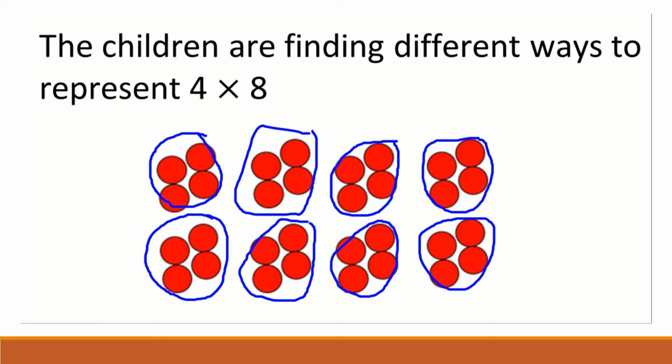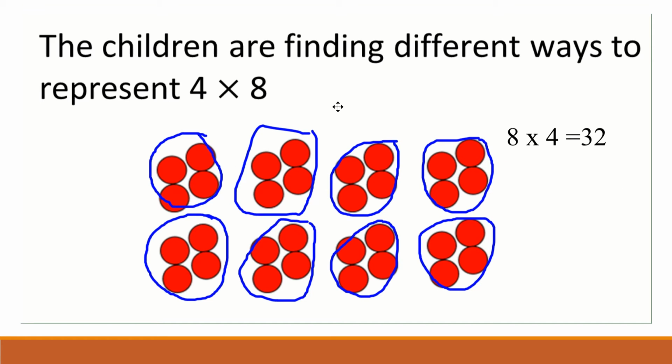So we have 8 groups with 4 in each group. So we have 8 times 4. And again, it's going to equal 32 because 8 times 4 equals 32.